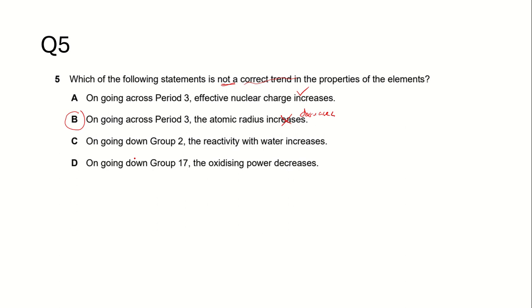Let's also check C and D. On going down group 2, reactivity with water increases. Yes, going down group 2, magnesium, calcium, strontium, barium, the sizes of the atoms are bigger. That means valence electrons are further away from the nucleus.